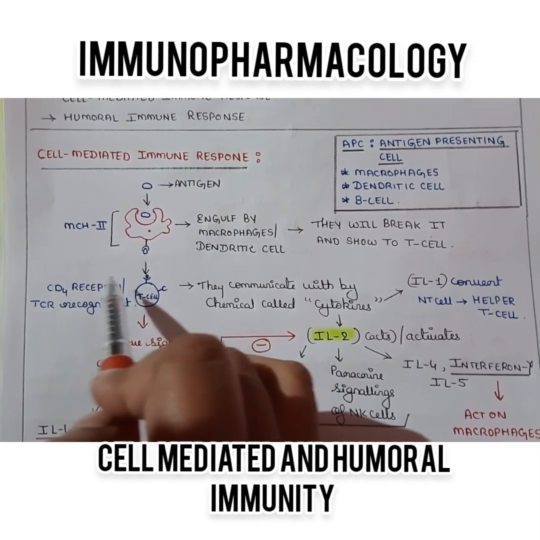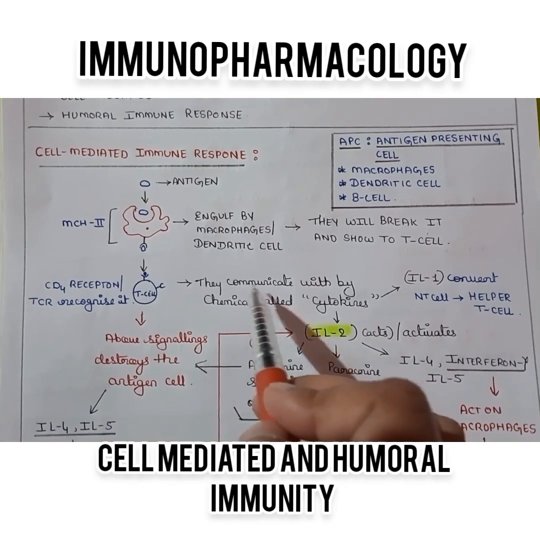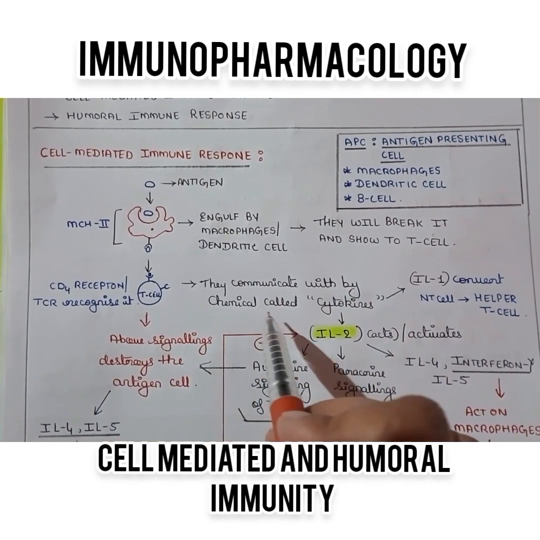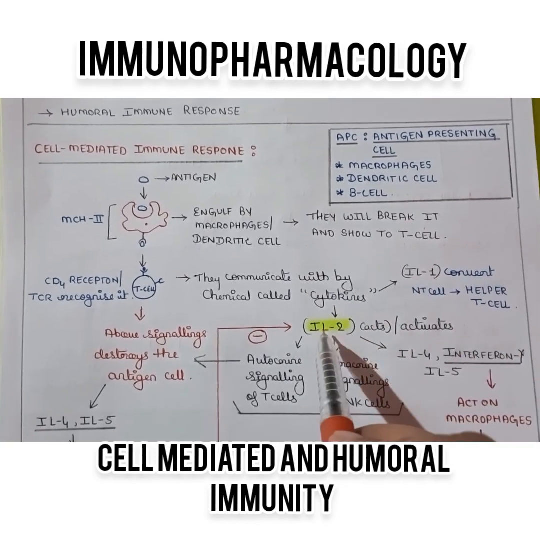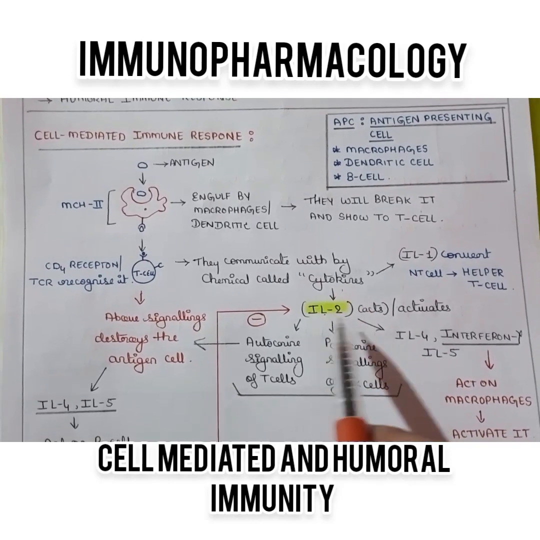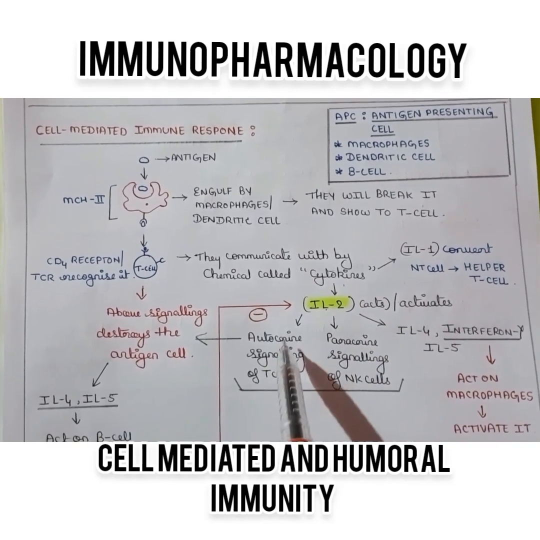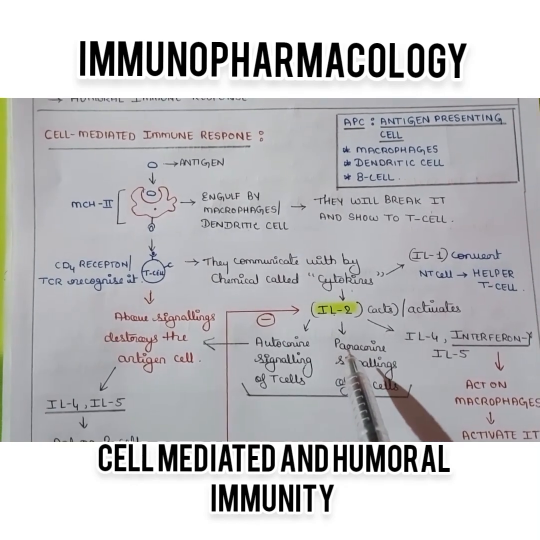Now, there are receptors called CD4 receptors, and TCR will recognize it, and they will communicate with chemicals called cytokines. First is interleukin 1 and interleukin 2. This interleukin 2 will activate the autocrine signaling of T cell or paracrine signaling of NK cells.